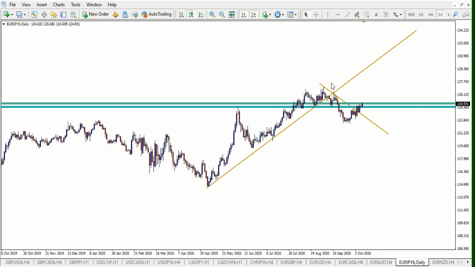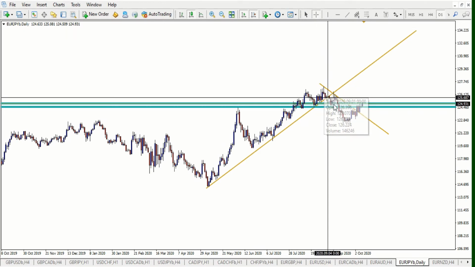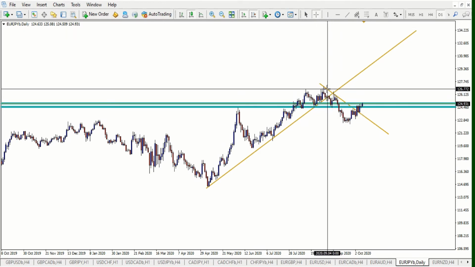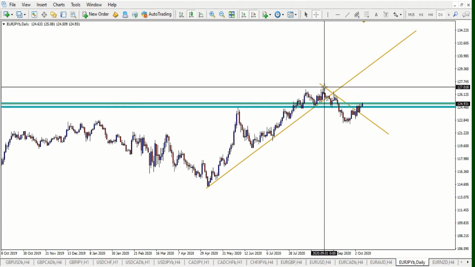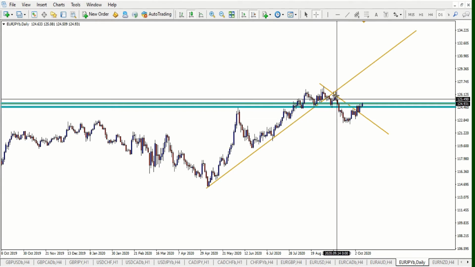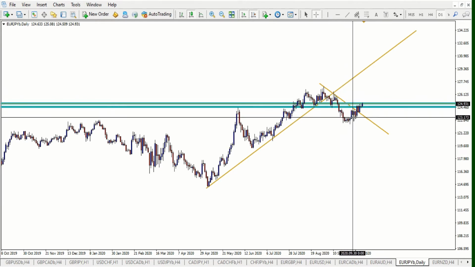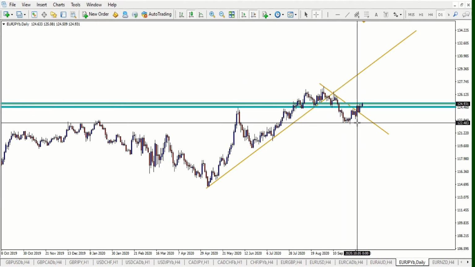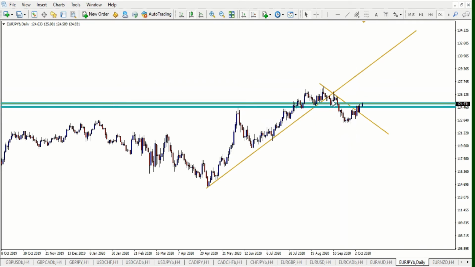All right, so we had a minor pullback or retracement with this bearish pressure when the market is making lower lows and lower highs. All right, but we can see that as of last week, the bulls seem to be taking back control in the market, and you can see by the break of this downward channel.